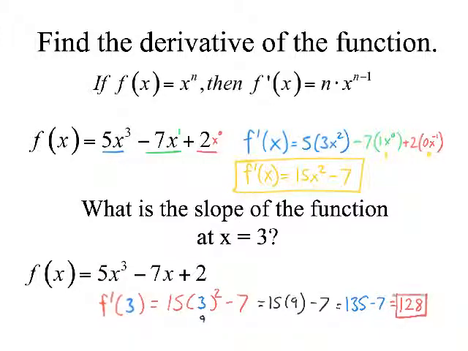Now 128 means the slope of this function at 3 is 128, a rise of 128 over 1. Extremely steep, but that is how steep it is. And if you know anything about cubics, they are pretty steep. So that is the slope at 3 for this function.